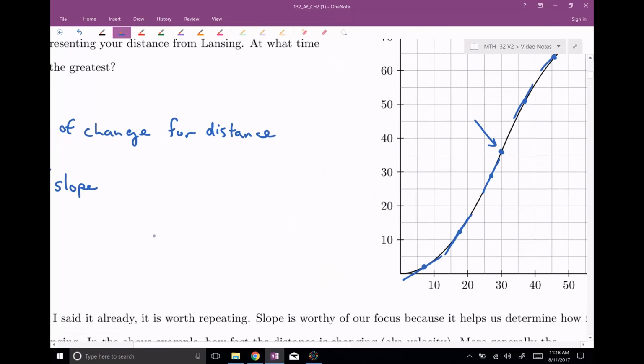So again, I would say at t equals 30 minutes, the speed, which is really, the interpretation here is slope, is the greatest. So we saw that this real-world question could be answered by thinking about slope at a particular instant.